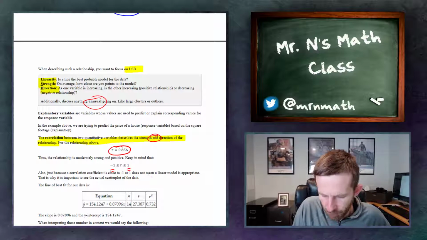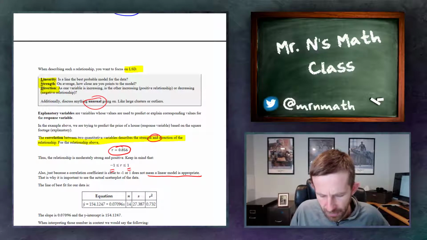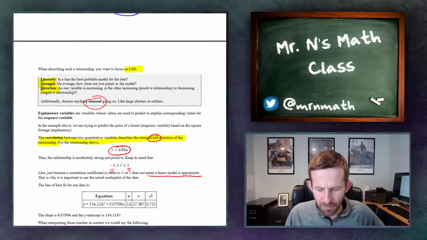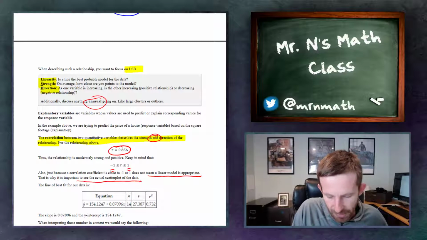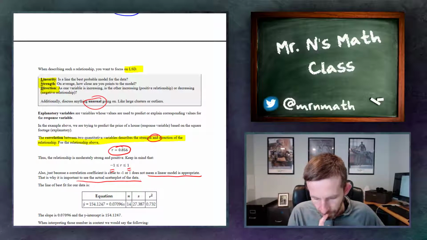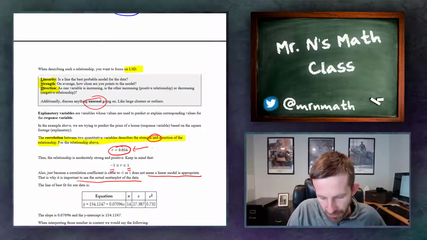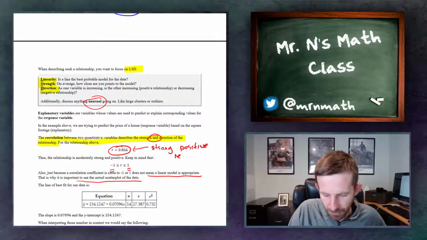And it's important to note, just because a correlation coefficient is -1 or 1 or close to that doesn't mean that a linear model is appropriate. It's always important to look at the actual scatter plot of the data. So this would be a strong positive correlation, positive relationship.